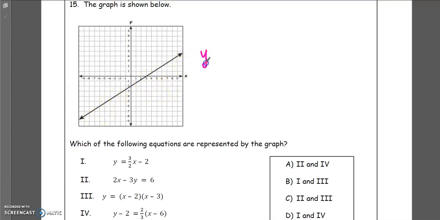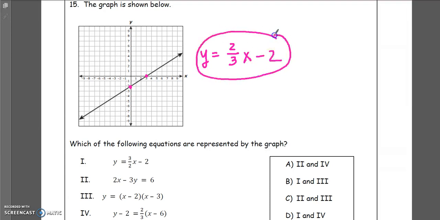So I'm going to write the equation for this line because they didn't give that to me. My y-intercept is at -2, and then I'm going up 2 and over 3 to get to my next point from my y-intercept. So that means I went up 2 and over 3. That's my slope. So I have 2/3 x and then -2. So this is the equation for that line.